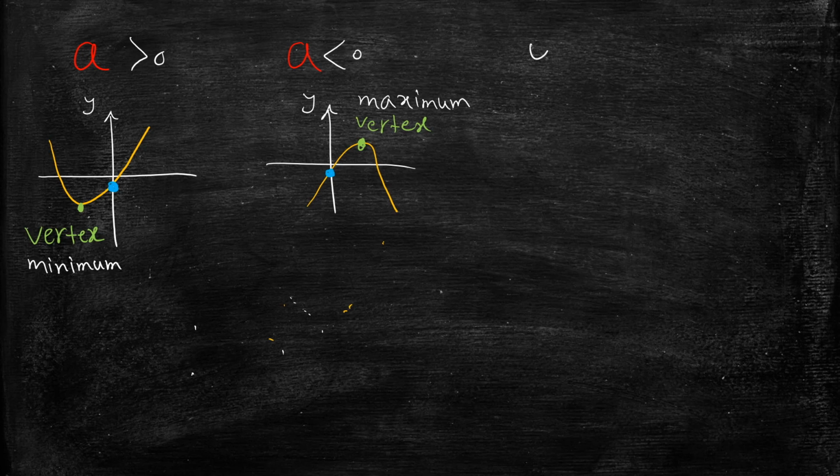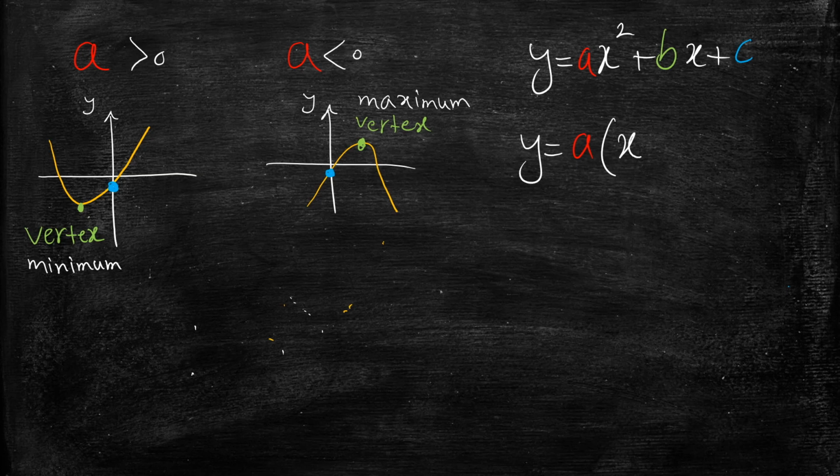Also, we learned how to go from the general form, which is ax squared plus bx plus c, to the vertex form, which is y equals a times parenthesis x minus h to the power of 2 plus k. How to go from this to the other. And we also learned that the vertex of parabolas is (h, k). The x of it is h, the y of it is k.